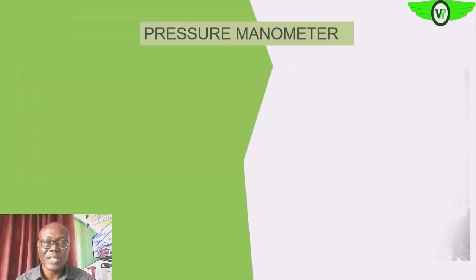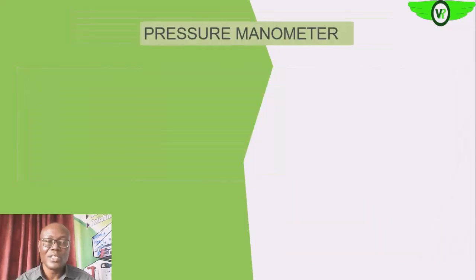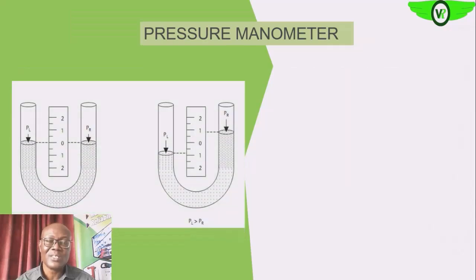So let us look at the first one, which is the pressure manometer. The pressure manometer is one of the simplest pressure sensors. It's just a U-tube, both ends open, and then subjected to different pressures.